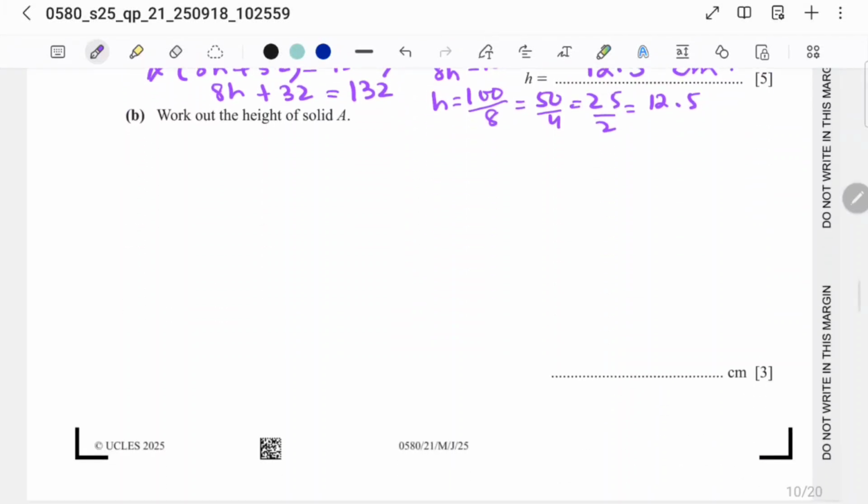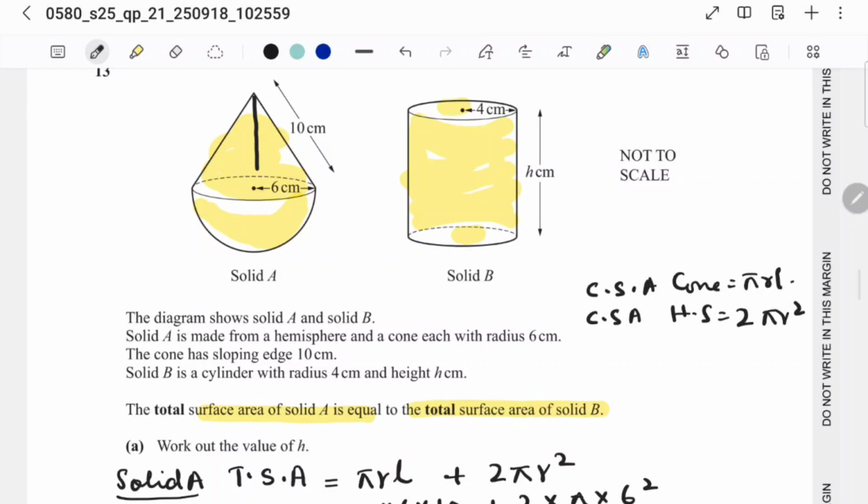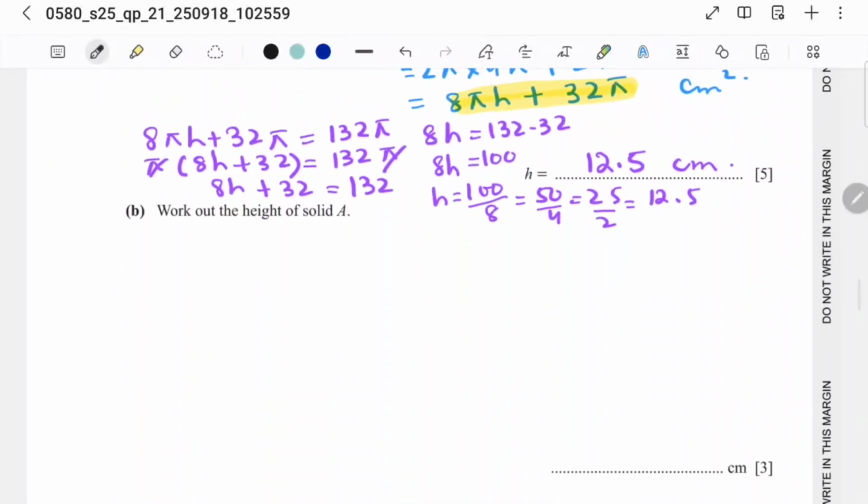Okay, now work out the height of solid A. The height of solid A is this much plus this much. This is 6 because it's a hemisphere, you can have 6 from every place. We need to find the height of the cone, so take the Pythagoras theorem, 10 is the slant height and 6 is the radius. I'm just drawing the diagram here. This is 6 and this is 10. This is the height of the cone.